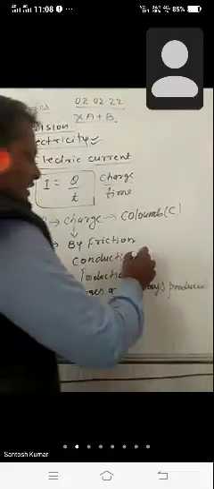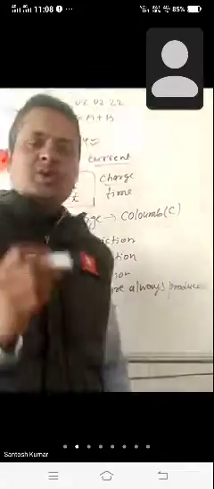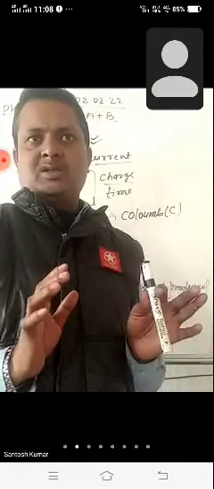So in conduction, you need to have one kind of charge. With that particular charge, you can charge another body which is uncharged. So we have two things. Just see, I have two bodies. If this is charged, this is uncharged, and we have to charge it. Then we can charge this uncharged body with the help of this charged body.